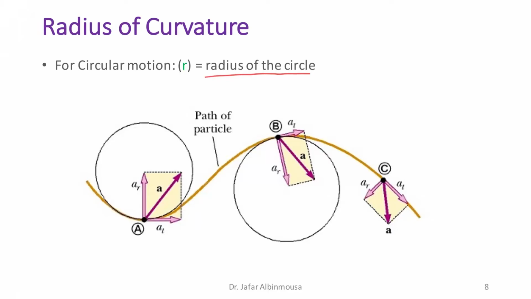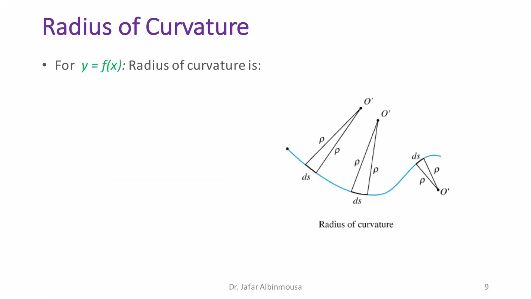But what we are going to see next is, what if the curve is a general curve? Then what is the radius of curvature? So if we have a general curve represented by an equation y equals f(x), then the radius of curvature is calculated as follows.